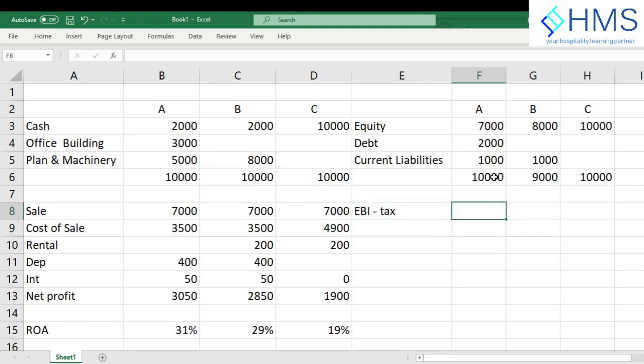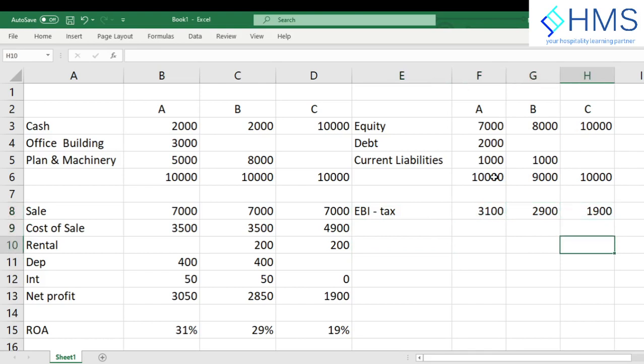Since we don't have the taxes here, we can just use net income plus the interest. Again, depreciation is a non-cash item, but for our theoretical purposes we will include it there, because the income available to the company is earnings before interest minus the taxes. Since we don't have taxes, we have this income available to the providers of capital.